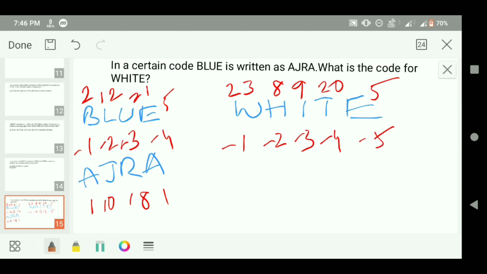Here 23 minus 1 becomes 22. And 8 minus 2 becomes 6. Next, 9 minus 3 becomes 6, 20 minus 4 becomes 16, and 5 minus 5 becomes 0.